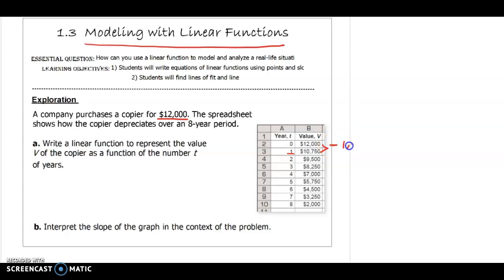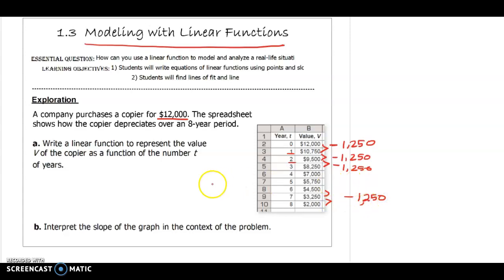So it loses $1,250. Okay, and then the next year, from 1 to 2, it loses $1,250. This is what depreciation means. Every year you have a piece of equipment, even if you don't use it, it goes down in value.